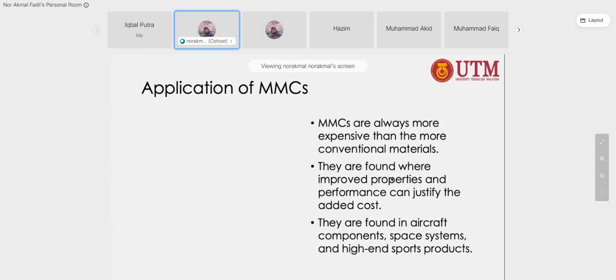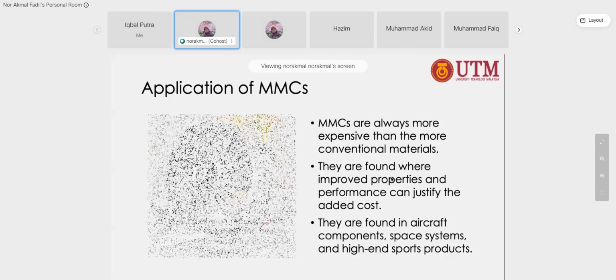They are found in aircraft components, space systems, and high-end sport products. If it is for aircraft, of course, it is an expensive item, so we can use MMC. But for a cheap product, it is not suitable to use MMC.